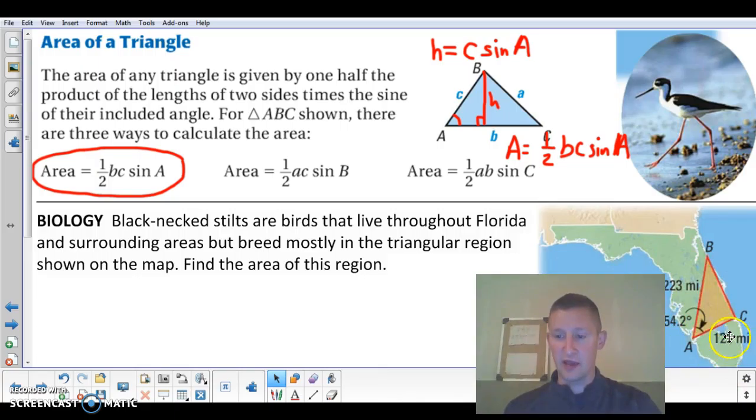All right, we've got two sides and we've got an included angle, and we're supposed to find the area of this region. Well, I'll tell you what, it's as easy as using any one of these formulas.